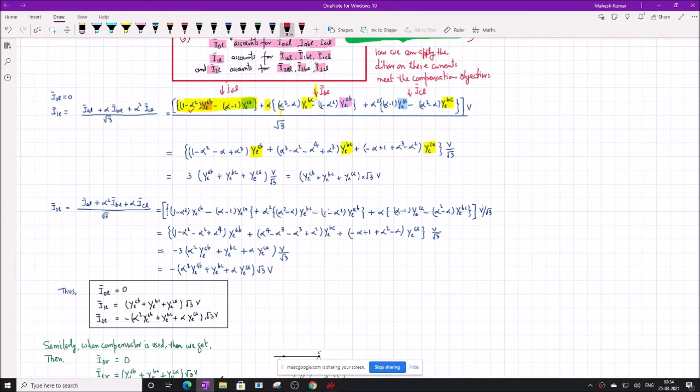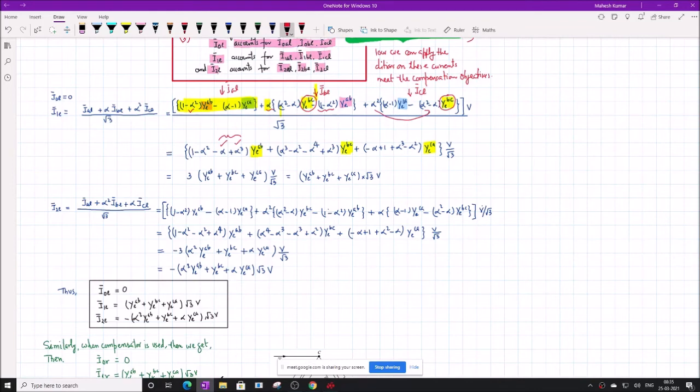So alpha into 1 becomes alpha here, minus alpha for this sign, and alpha into alpha square becomes alpha cubed. Similarly, for YLBC, the components are alpha cubed from here, minus alpha square, and from here alpha to the fourth minus alpha to the fourth plus alpha cubed.